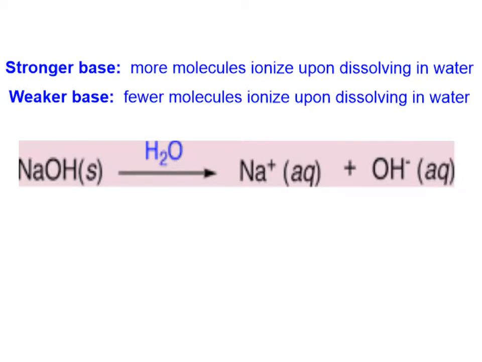A weaker base will have fewer molecules that ionize when they dissolve in water. An example of a weak base would be ammonia, NH3. Ammonia produces only a few ions in water, and most of the ammonia remains in the form of NH3.